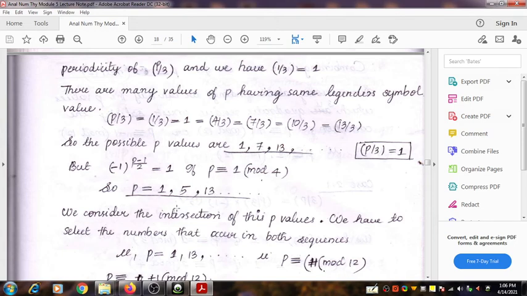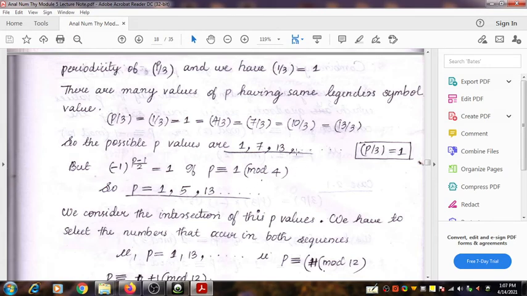We have two lists of prime numbers, and those numbers which occur together in both lists can be selected. Therefore the first number that can be selected as the answer for P is 13.